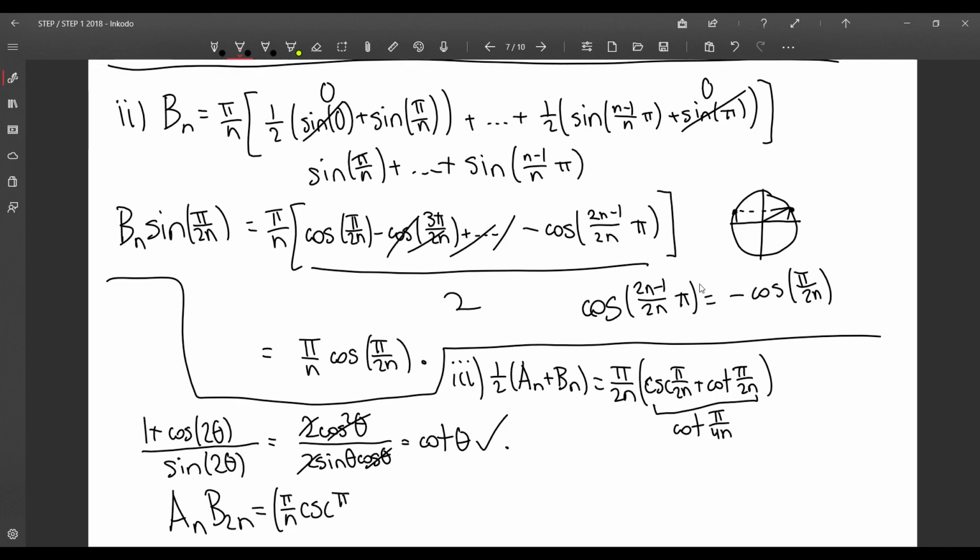So we have cosecant pi over 2n, and then this one's going to be pi over 2n cotangent pi over 4n. And we want to show that this is equal to the square of pi over 2n cosecant pi over 4n.